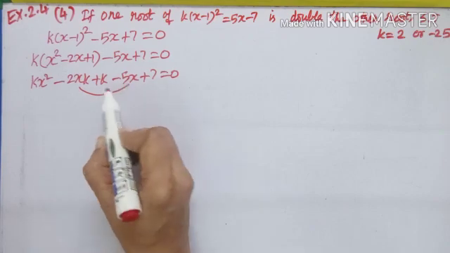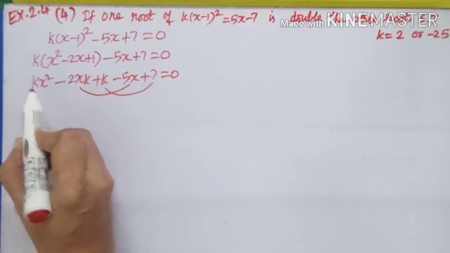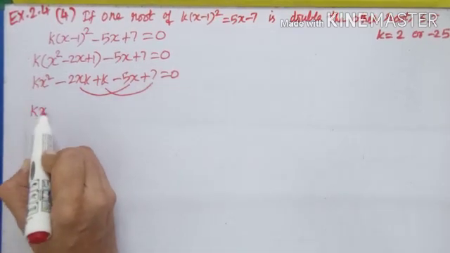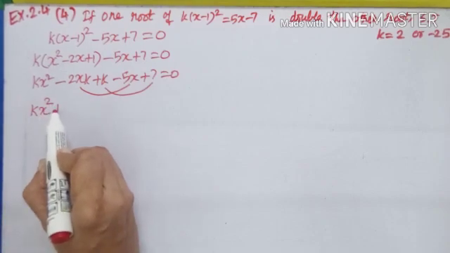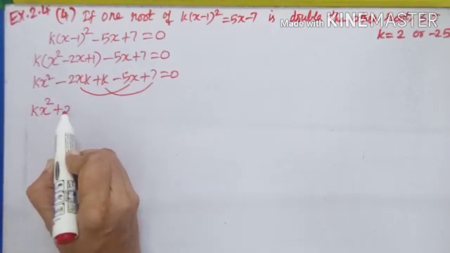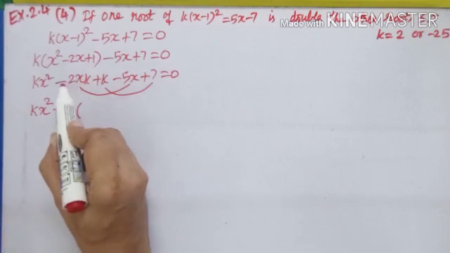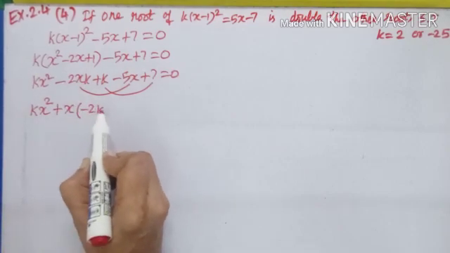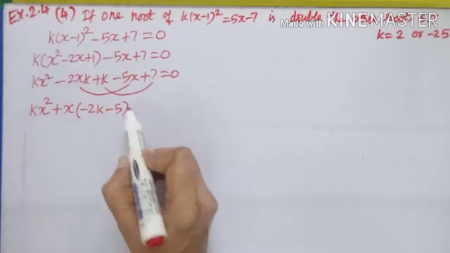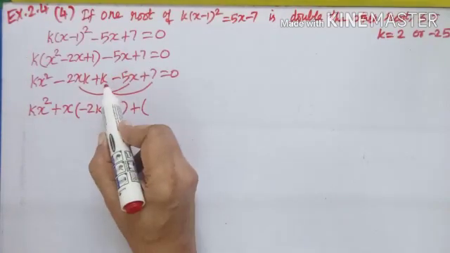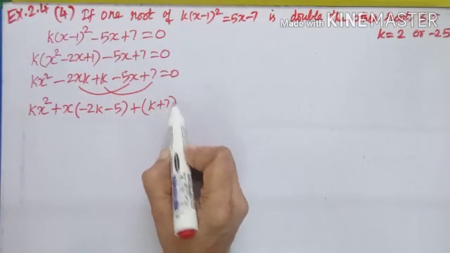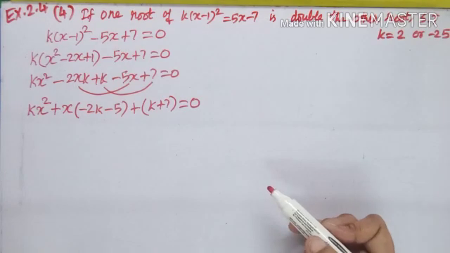Combine x terms, combine without x and x square term. Kx square plus, I am taking x, here I have minus 2k minus 5. I am taking all that is without x, k plus 7. This is equal to 0.